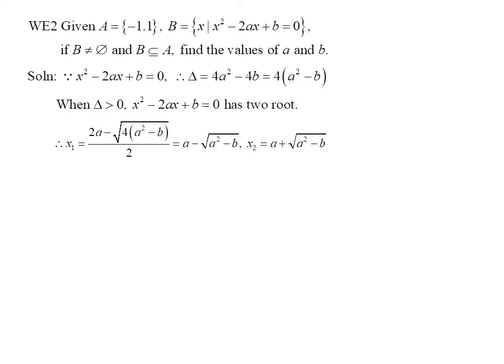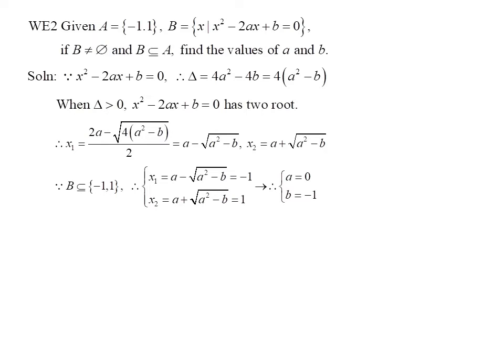Here, x sub 1 equals a minus the square root of a squared minus b, while x sub 2 equals a plus the square root of a squared minus b. Since set B is a subset of set A, we set x sub 1 equals -1 and x sub 2 equals 1. Based on that, we calculate that a equals 0, b equals -1.